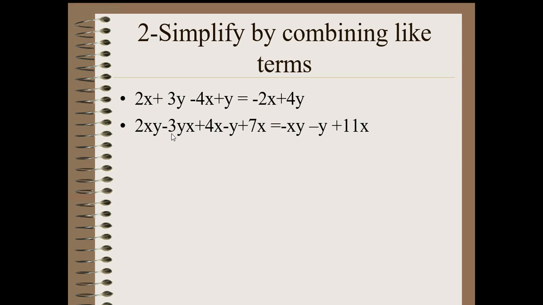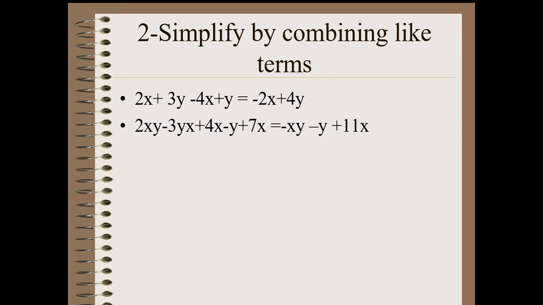So 2xy minus 3yx, I can write it as minus 3xy, or this one can be 2yx and this one minus 3yx. So it's the same. If I write xy, yx, or xz, zx, it's the same.